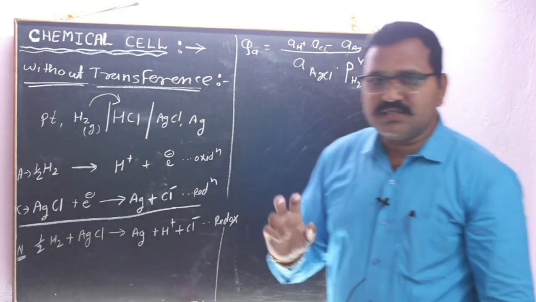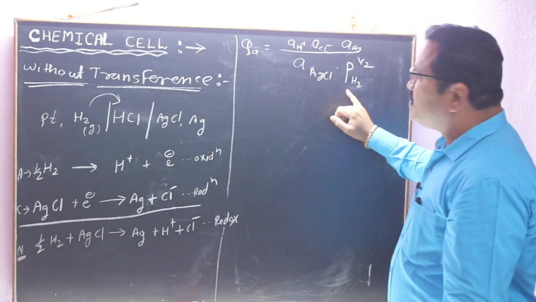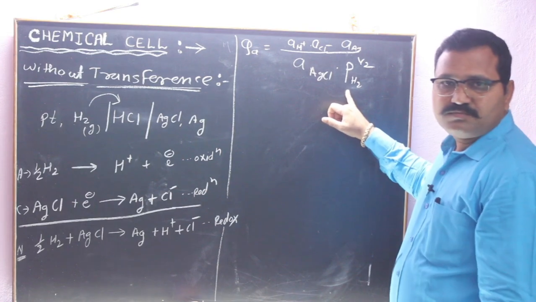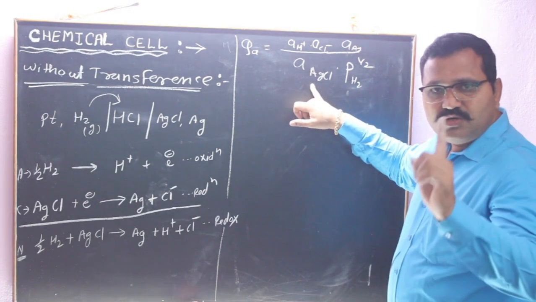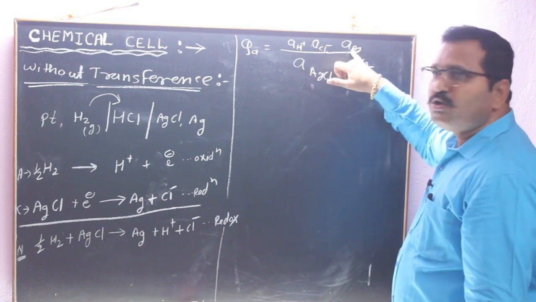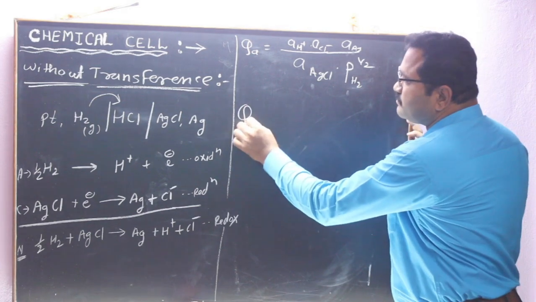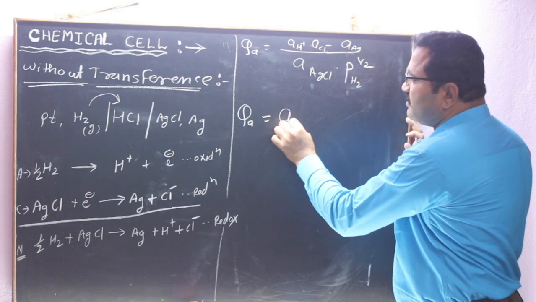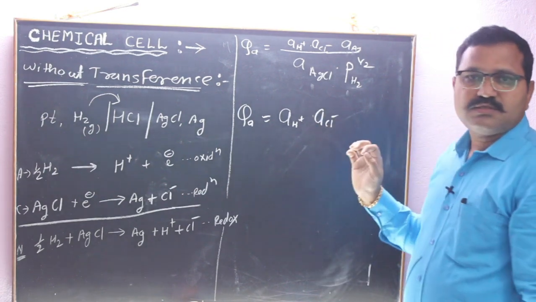In case of gases, we have to take partial pressure. If we take pressure of hydrogen as 1 atmosphere, the activity of solid AgCl will be unity. Activity of solid Ag will again be unity. Therefore, QA is nothing but activity of H plus into activity of Cl minus.